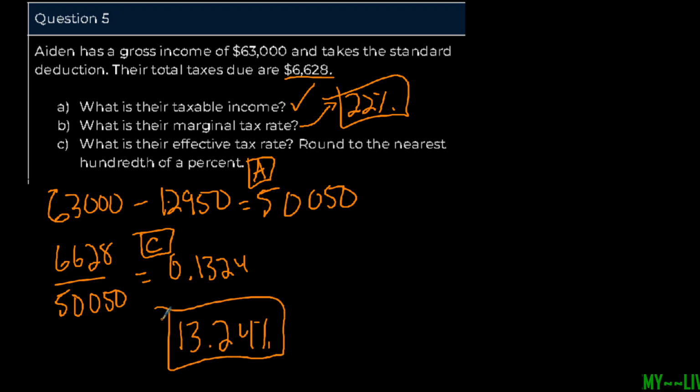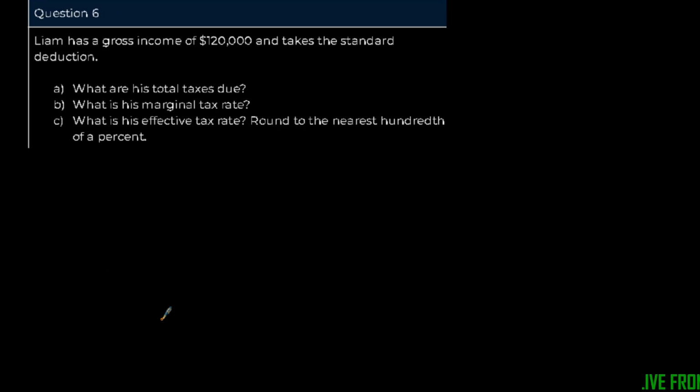All right. That last one says Liam has a gross income of $120,000 and takes standard deduction. What are going to be the total taxes due? I'm going to give this one back to you to try. What you can set up is 120,000 minus the 12,950.